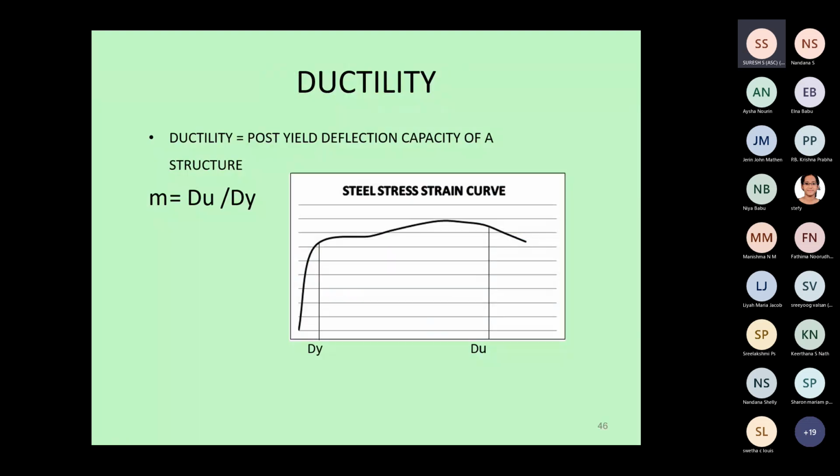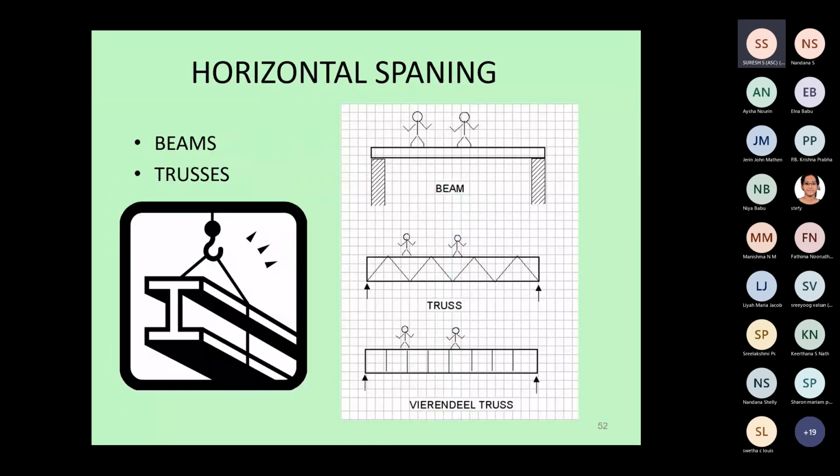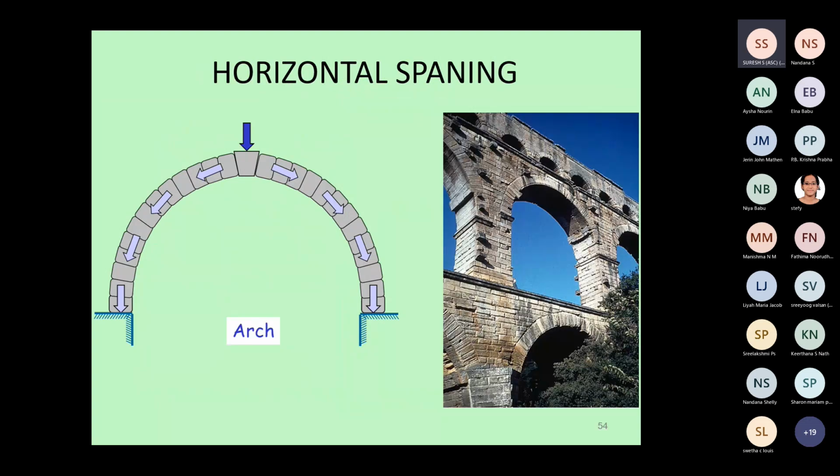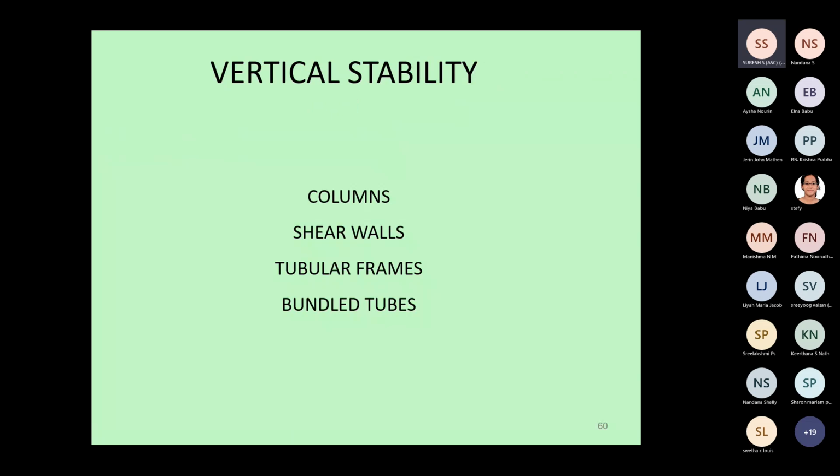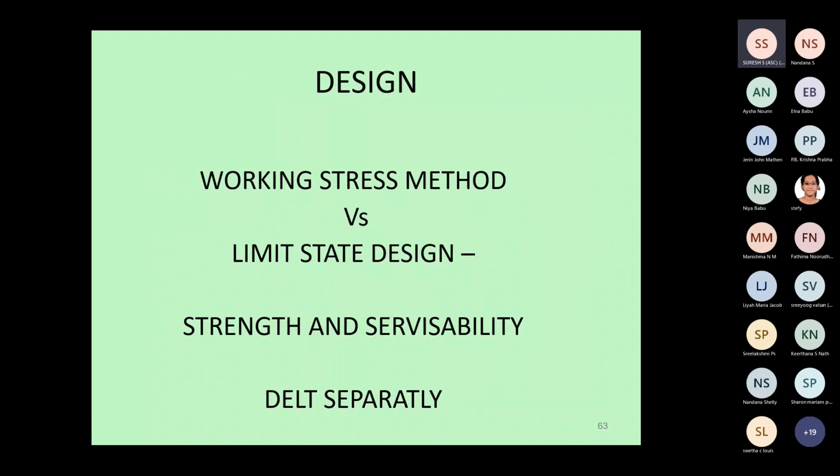We understood what is seismic load, accidental load, the different spanning systems, the different forces shared by different members, and how the load travels to the foundation from the structure through different actions: axial, bending, shear, torsion, things like that. Is the screen visible to all of you? Yes, sir. It's visible.